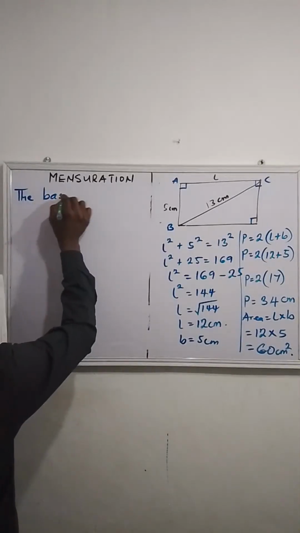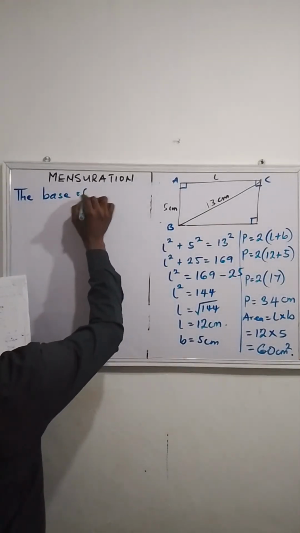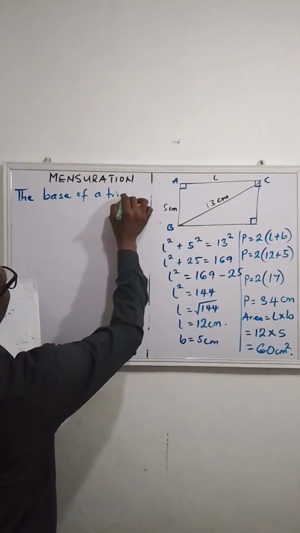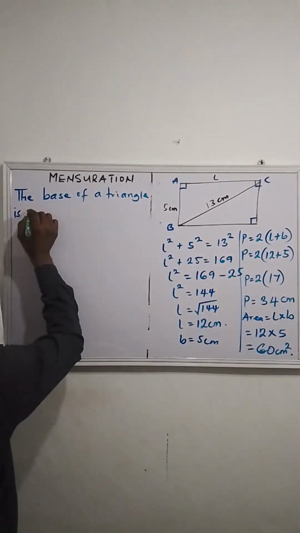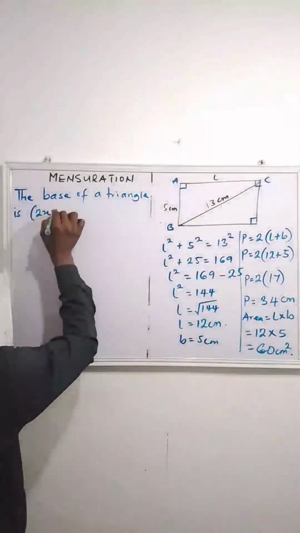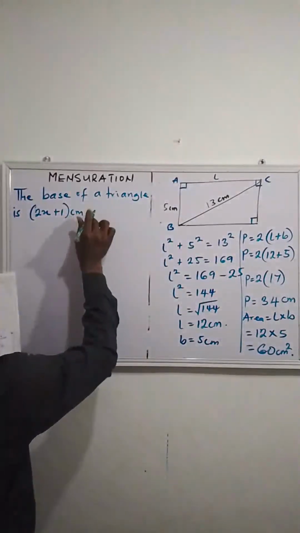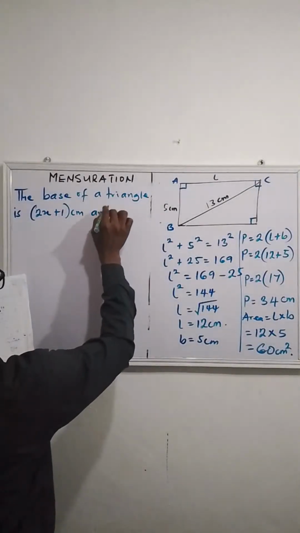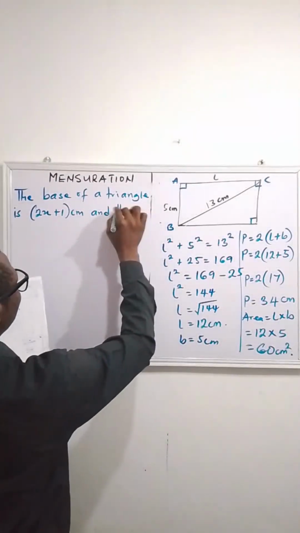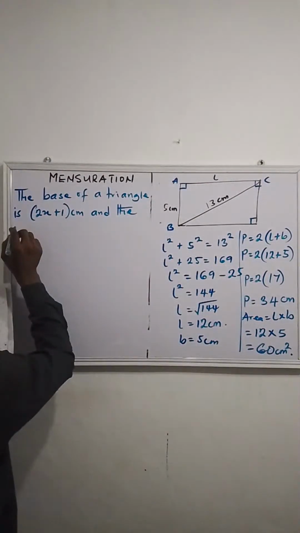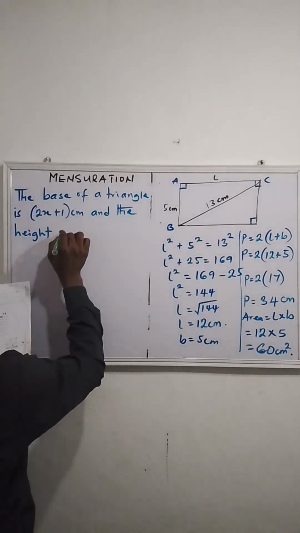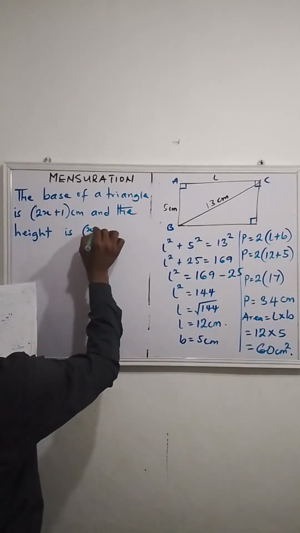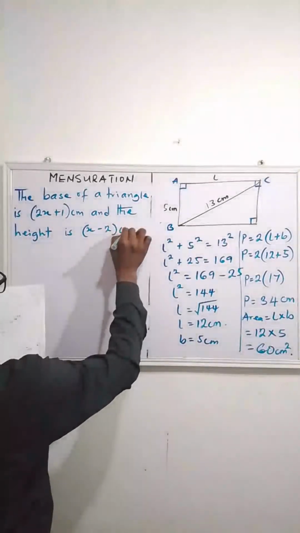The base of a triangle is 2x plus 1 centimeter, and the height is x minus 2 centimeter.